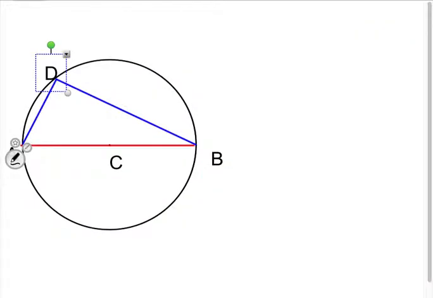A pretty special case that we might want to take a minute to look at is this one here.